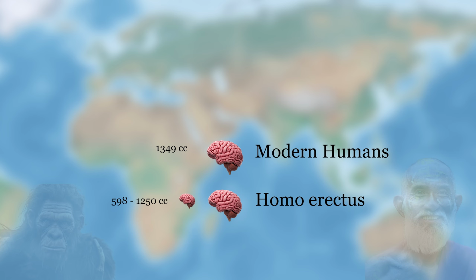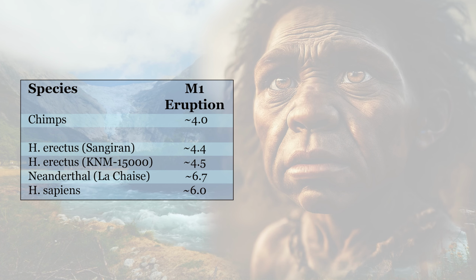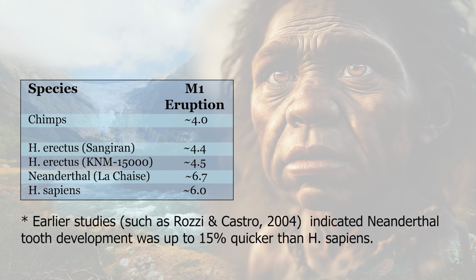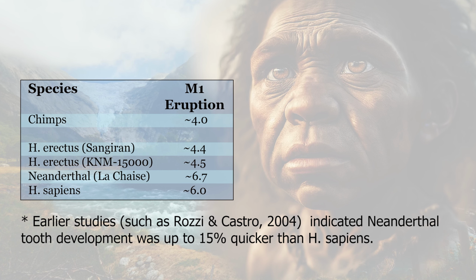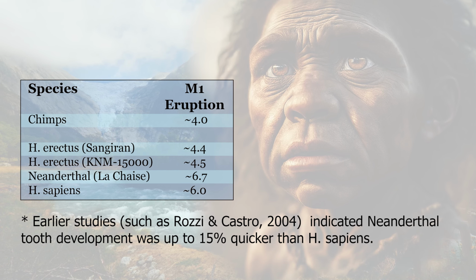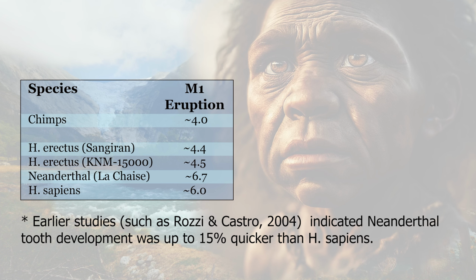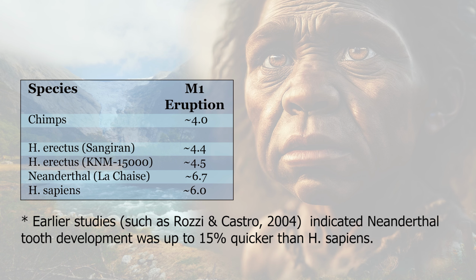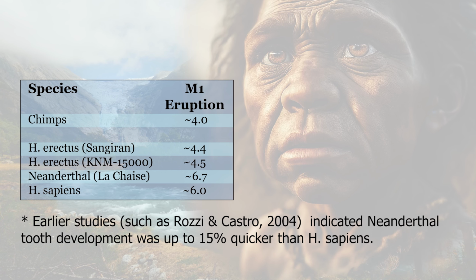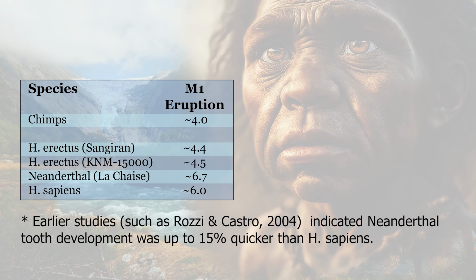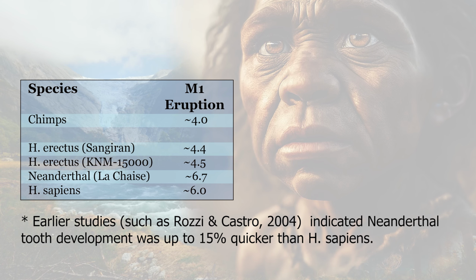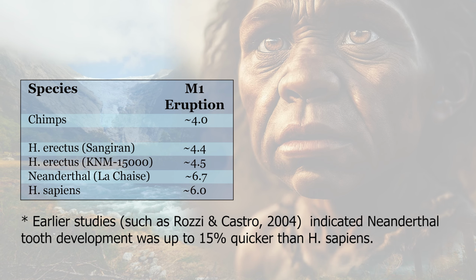They're showing that Neanderthal first molar appearance is 6.7 years, which is 0.7 years later than in Homo sapiens. So this in a way is indicating that Homo neanderthalensis had longer life stages than Homo sapiens. I haven't really thought about the implications of this enough to talk about it so much. I'm going to have to think about that a little more.